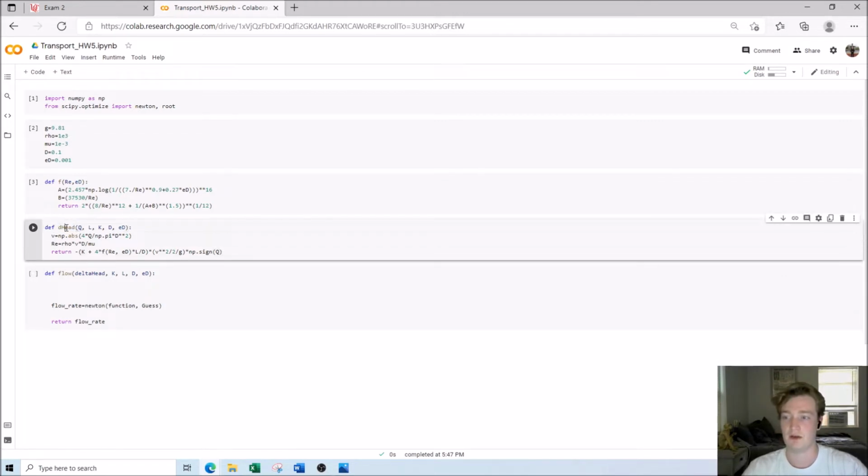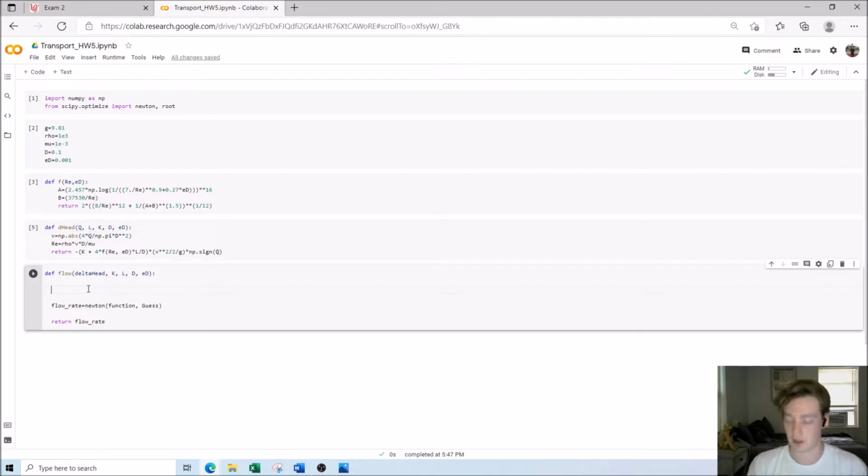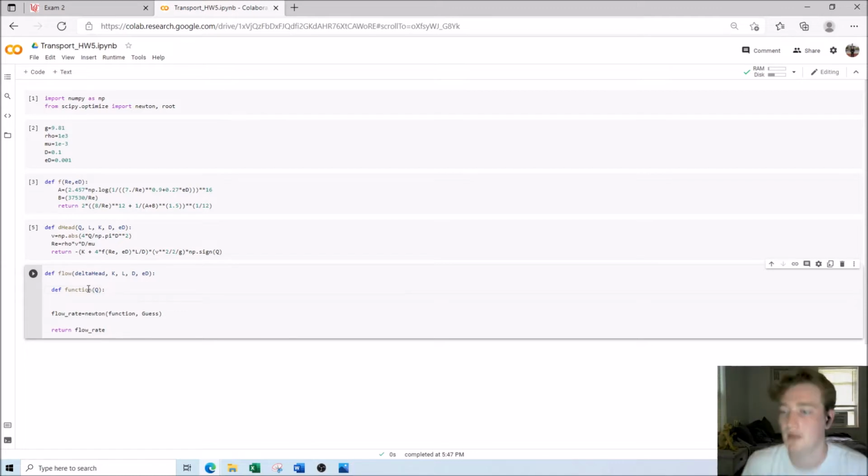Given a flow rate, we calculate delta head. So let's do that. So we will define a function within our flow function. So we'll define this as function. Now what do we want within this function? We probably want the flow rate, right? If we're calculating a delta head, we want a flow rate. So from here, we're just going to return the calculated flow rate.